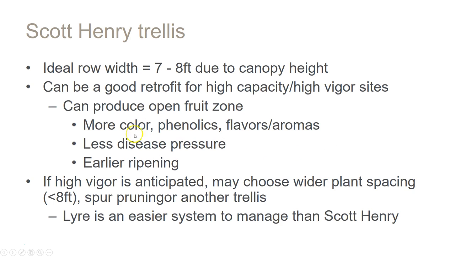So we can actually make fruit better by leaving more buds and cropping higher because we're attenuating vigor. We'll potentially get less disease pressure, and we might even ripen a little earlier because that fruit's getting warmer from more sunlight.